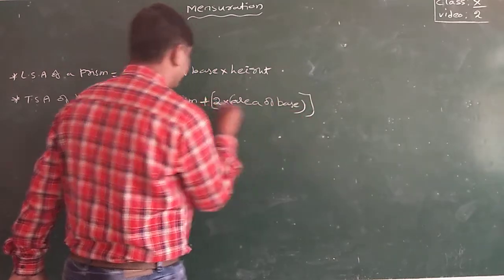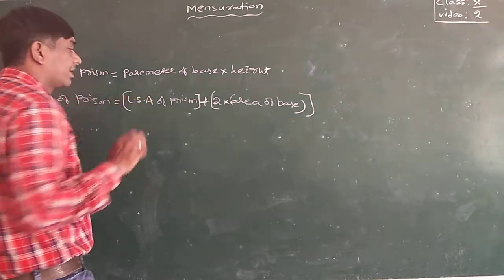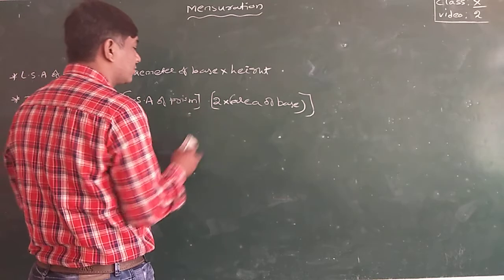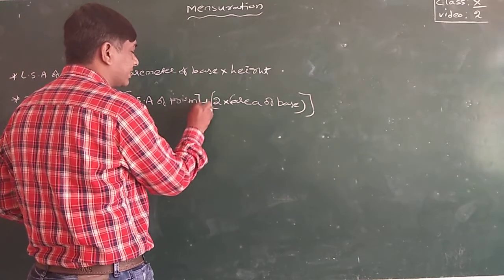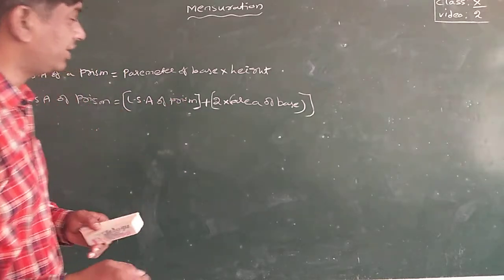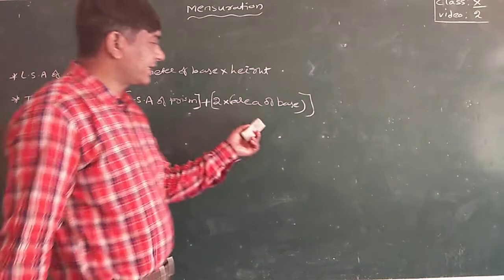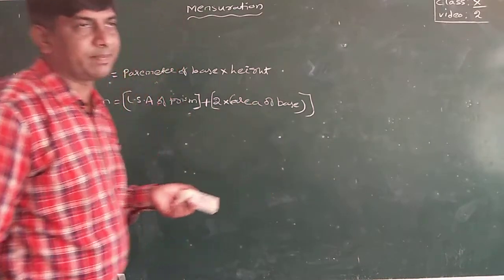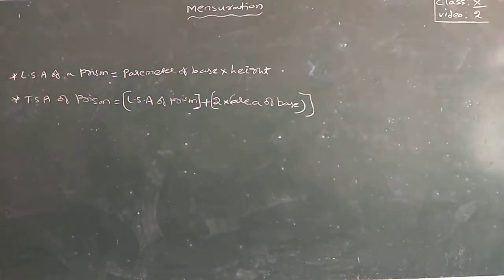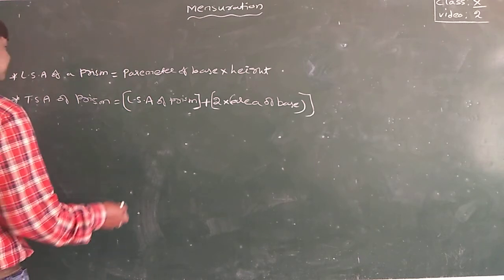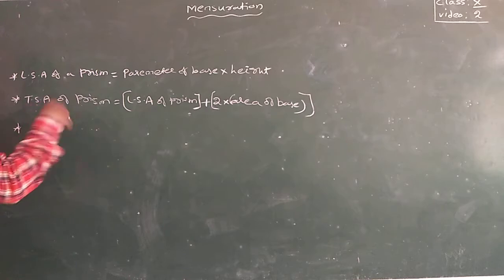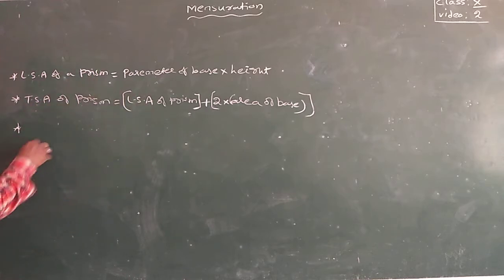This is separate and this is separate. Plus will come in the middle, so don't include a plus on either this side or that side. After simplification only, we will add this. Area of the base is whatever area of the base is given. And volume, I already said, is area of the base into height, whichever shape the base is.